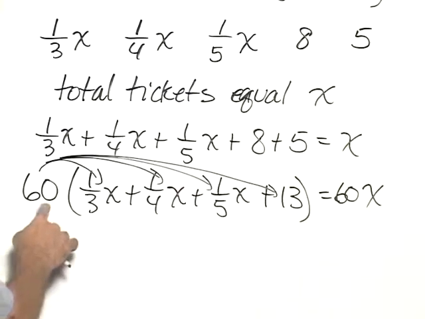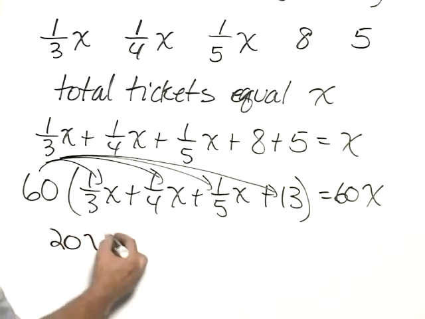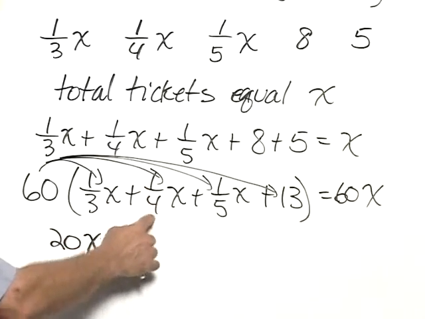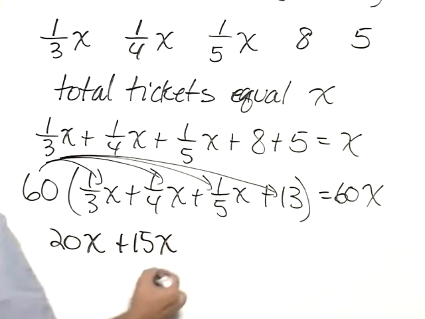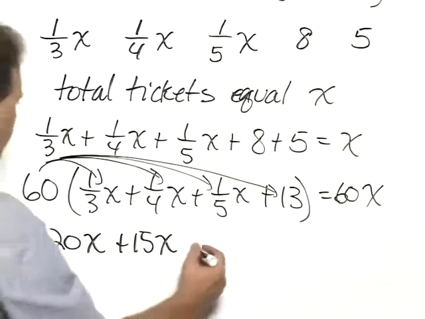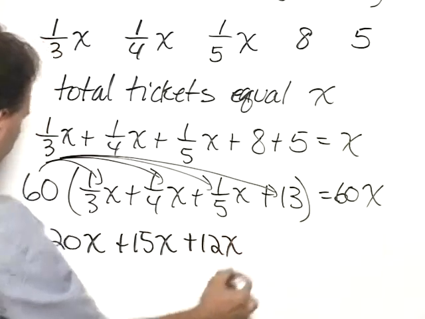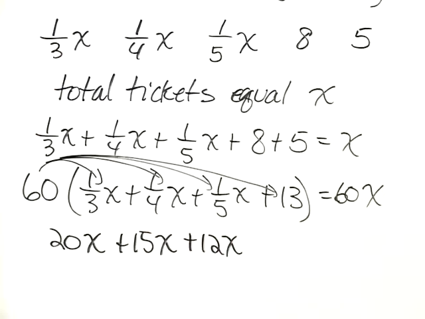Now, when we multiply 60 times 1/3, 3 divides into 60 20 times. We have 20x. When we multiply 60 times 1/4, 4 goes into 60 15 times, so we have 15x. When we multiply 60 times 1/5, 5 goes into 60 12 times, so we have plus 12x.